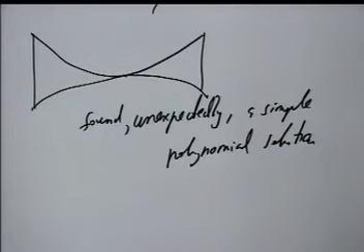Why did he call it unusual? He says, for uniform plates, I have Bessel functions. For non-uniform plates, I have simple polynomials. That is what he maintains.